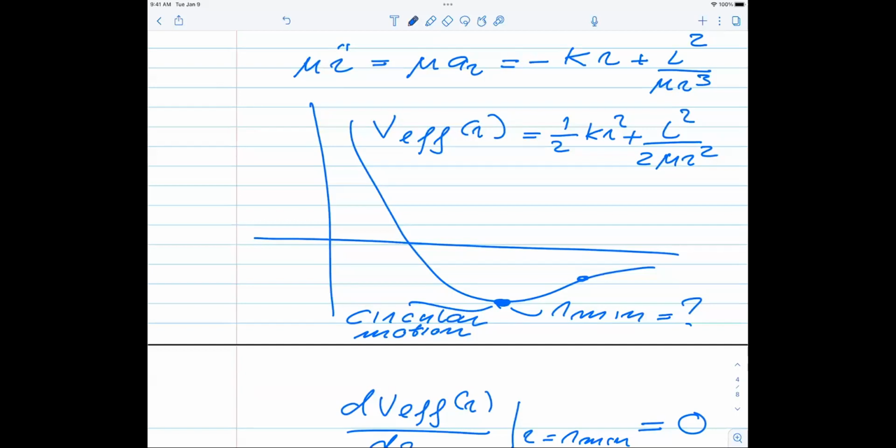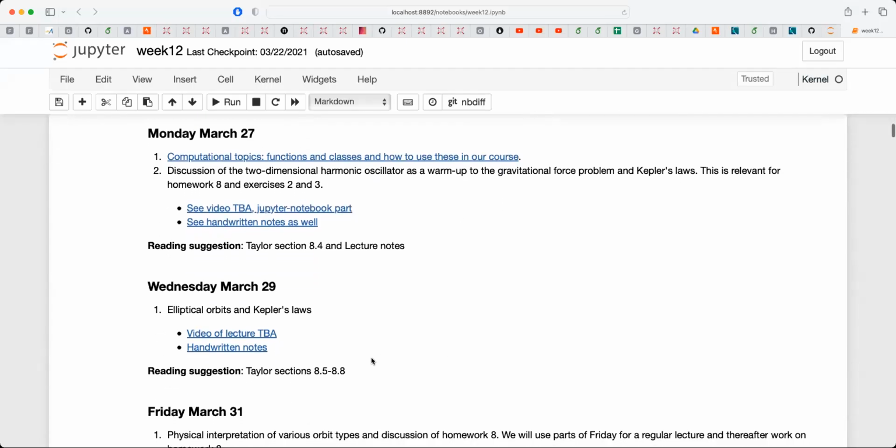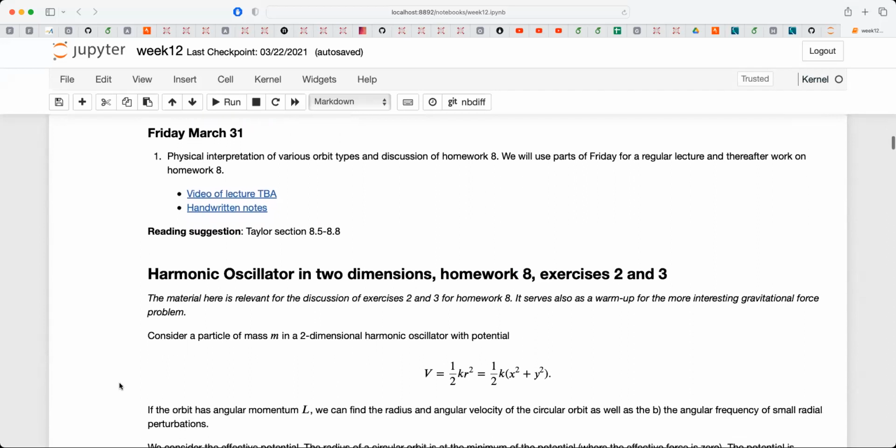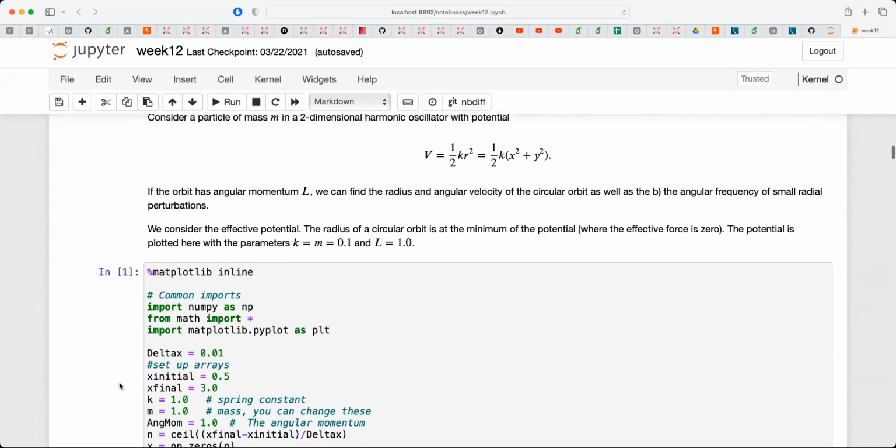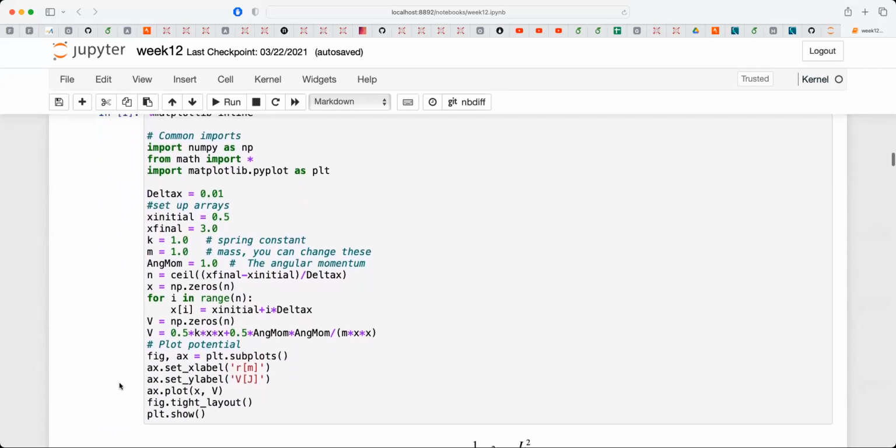But let's go back to the numerics a little bit and see what kind of results we would get and how we can program this, because we can actually program this in Cartesian coordinates, or we could choose to use polar coordinates. I mean, that's very much up to you, but you have to be careful then with the way you set up the initial conditions.